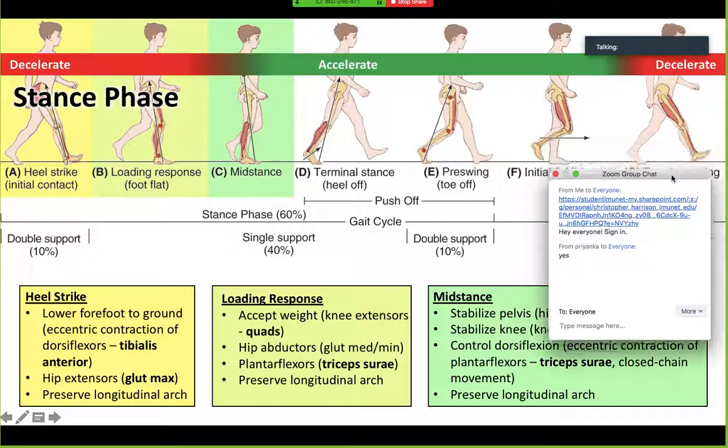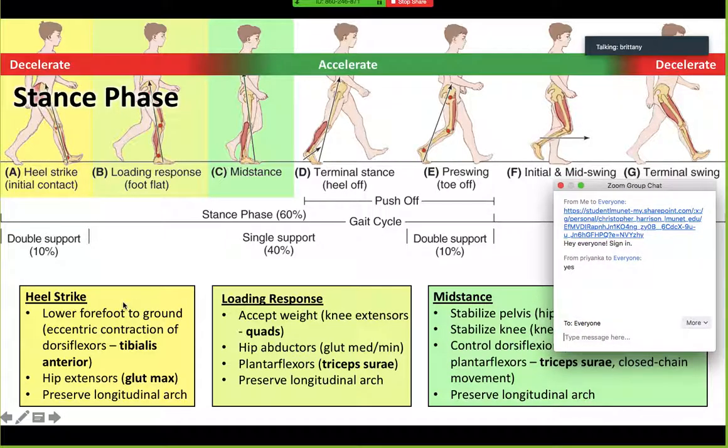Okay, so my advice for this, and just for the sake of time, I'm not going to read this to you, but how I approached this was, first of all, learn the name of each phase and decide if it's in the stance phase or the swing phase, and then approach it by learning which group of muscles are engaged during that phase.